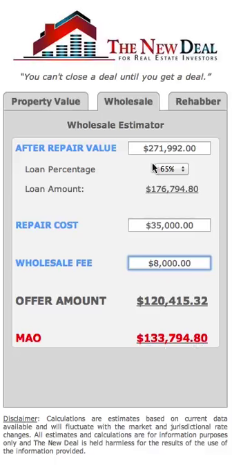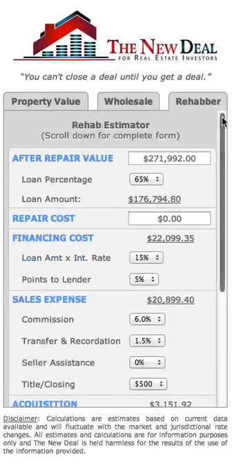So let's go over to the rehabber tab here, and this is where I really just love this calculator that we've created for you.